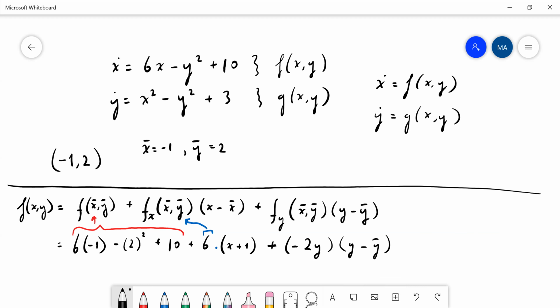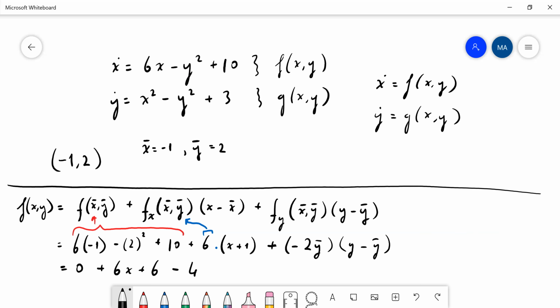So if you want to rewrite it, you're going to have something like this. So this is 0, this part, right? -4, -6, plus 10, this is 0. Then you have plus 6x plus 6. Then you have -4, right? This is y is equal to 2. So this is y bar actually. So y bar is equal to 2.